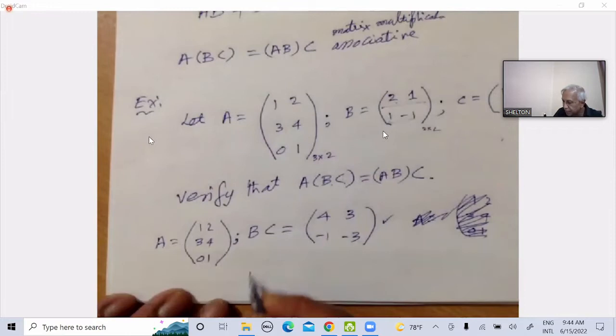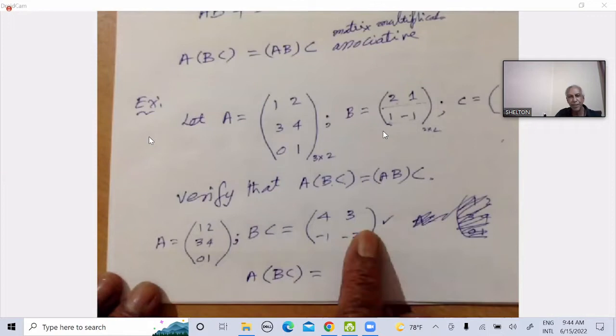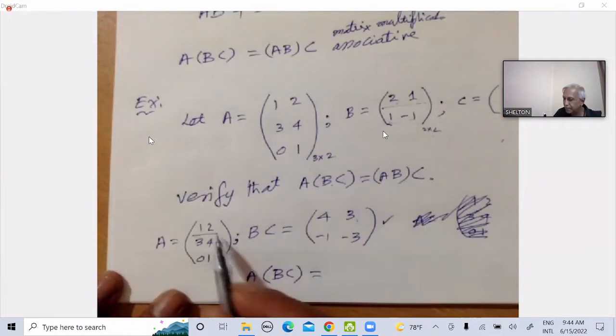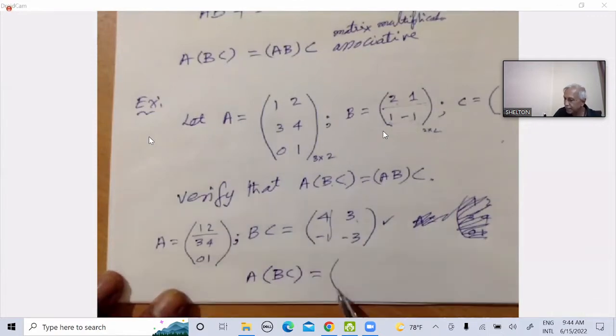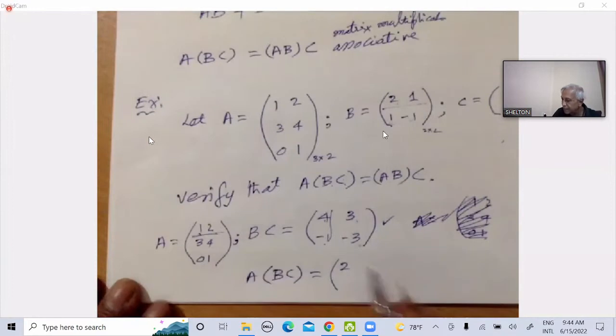So what is A times BC? A is this, BC is that. Multiply this by this. What do you get? 4 minus 2, 2. This times this, 3 minus 6, minus 3.